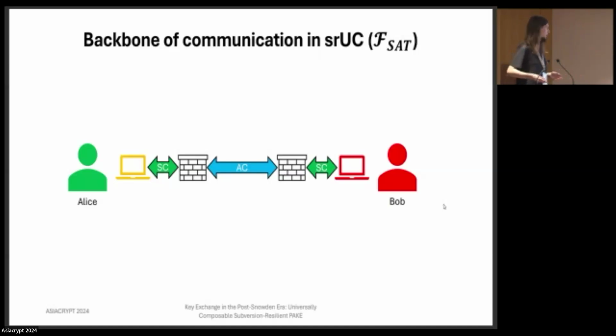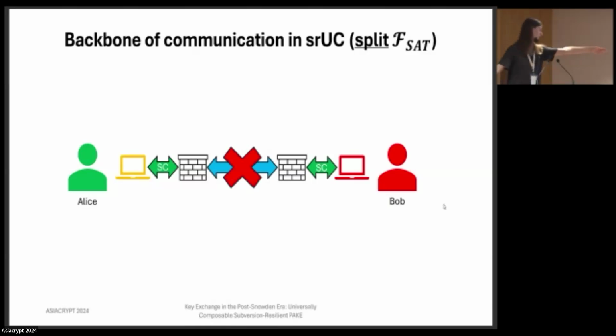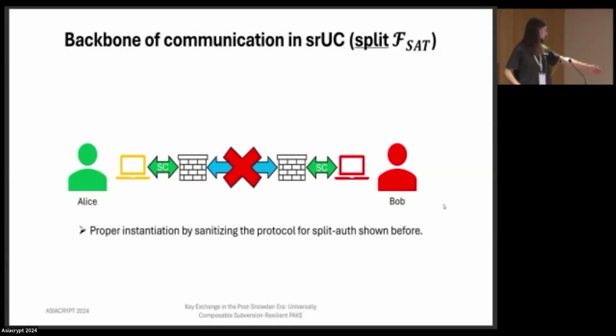So in order to move to this split setting, what we have to do is realize the authenticated channels between firewalls. The way we do that is by showing a sanitation of the protocol we saw before. The idea is quite similar to what we saw for OT. We need to blind the verification keys and then align the signatures, so that one can verify the signature even under a different verification key that is still related to the original one.